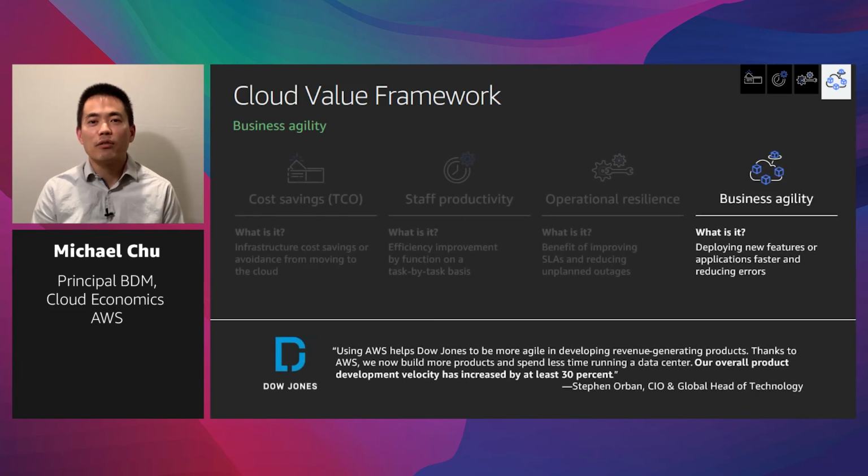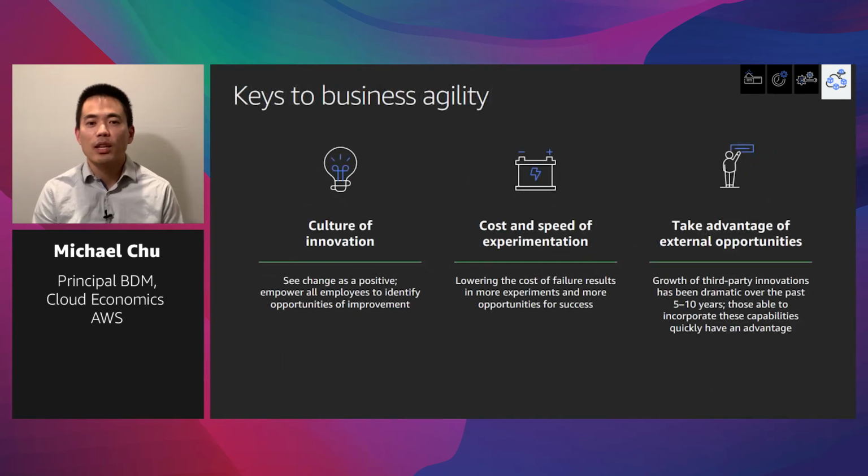And the last dimension of value is business agility. And again, this is the ability to experiment more and respond faster. Now, the traditional IT model places constraints on innovation, requiring lengthy provisioning processes, slower time to market, cutting into innovation budgets. The cost of failure is also higher, as infrastructure for failed projects must be redeployed.